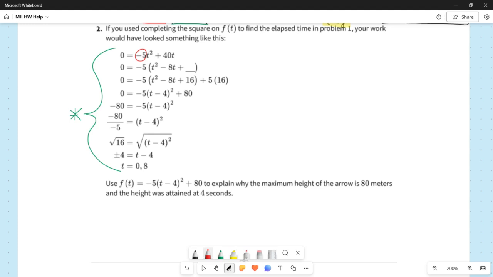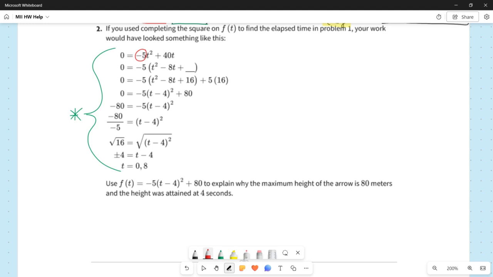You need it to be an invisible 1. So our first real step here is we factor out the negative 5. So our second equation becomes 0 equals negative 5. You have to get rid of that negative 5. When you factor out the negative 5, notice that now our coefficient directly on t squared is an invisible 1. That's what we want, and that's great.